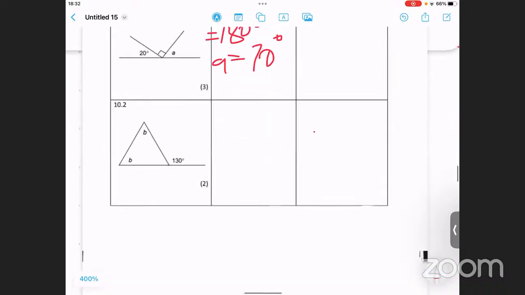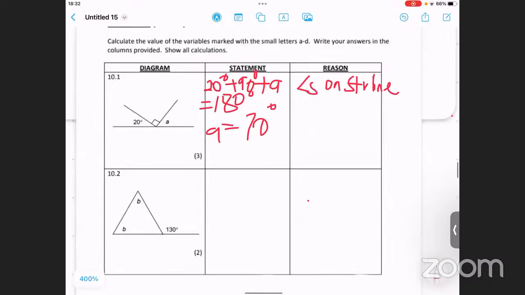And let's look at 10.2. Or do we have somebody who's having a different view on 10.1? Okay, I'll just assume that we are all on the same page. 10.2 says you have a B and a B and 130.